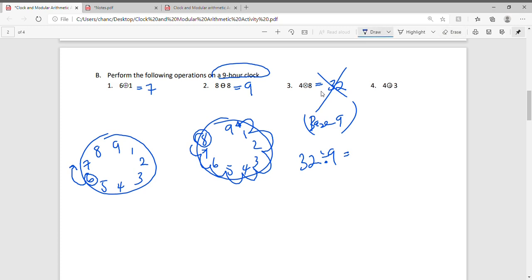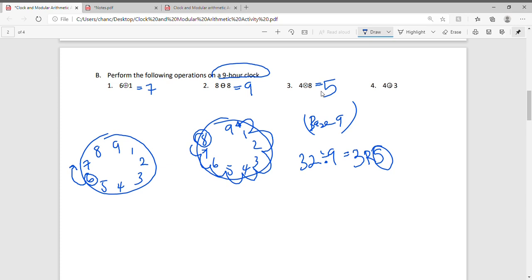That is equivalent to 3 remainder 5. That implies 4 times 8 is equivalent to 5 in our 9-hour clock system, because 32 divided by 9 is 3 remainder 5.